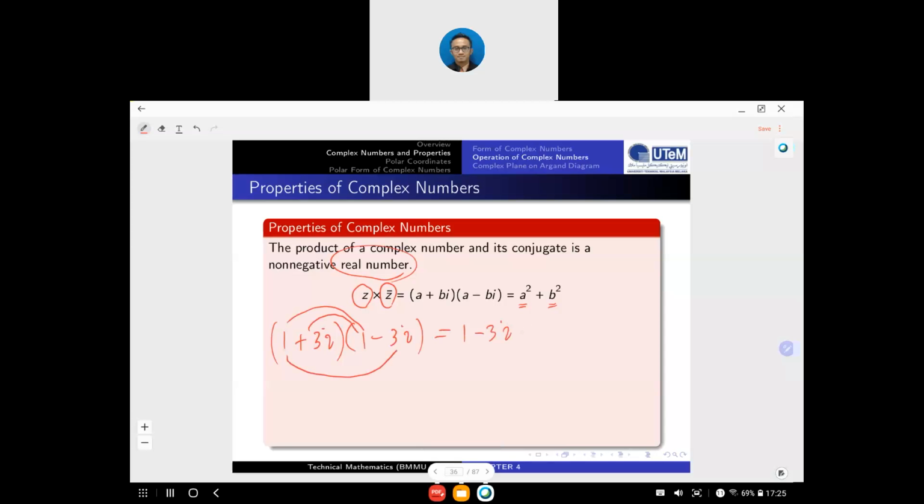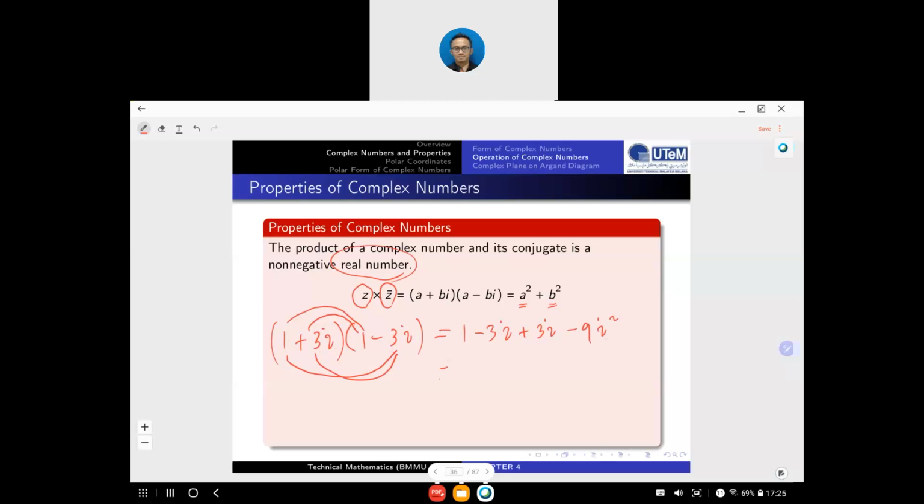So make sure you understand the law of index because you will use it to find i. For example, if you have i to the power of 44, you need to simplify first. What is the value of i to the power of 44? So we will use this law.